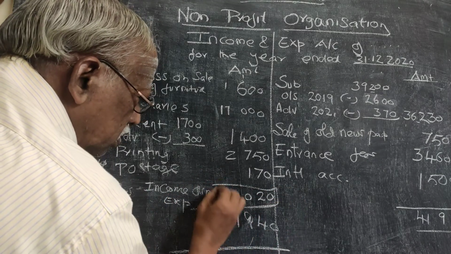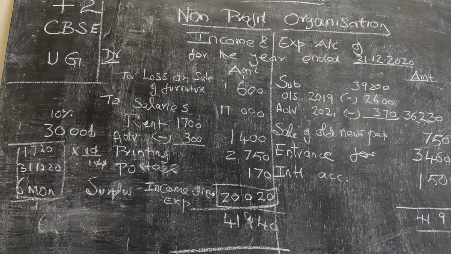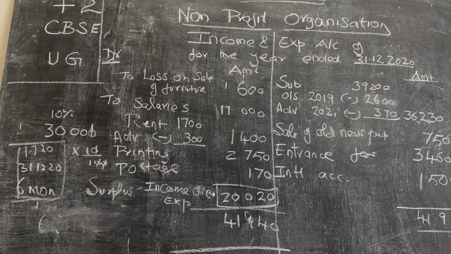This is the profit if you are preparing a P&L account, but it is not a profit and loss account, it is a non-profit organization. So we say that we have collected income over expenses during this year is 20,020. So that comes the end. This problem I have explained to you how to compute the income and expenditure account.